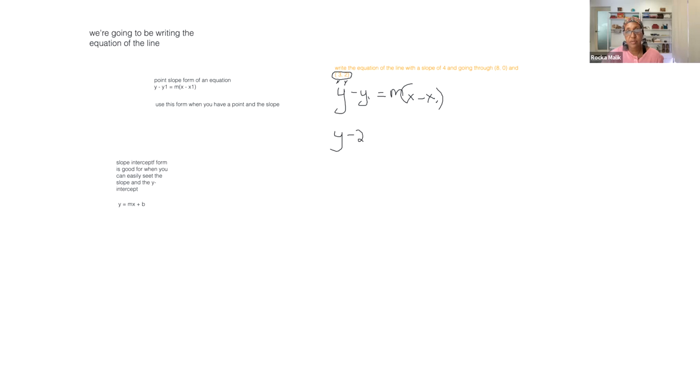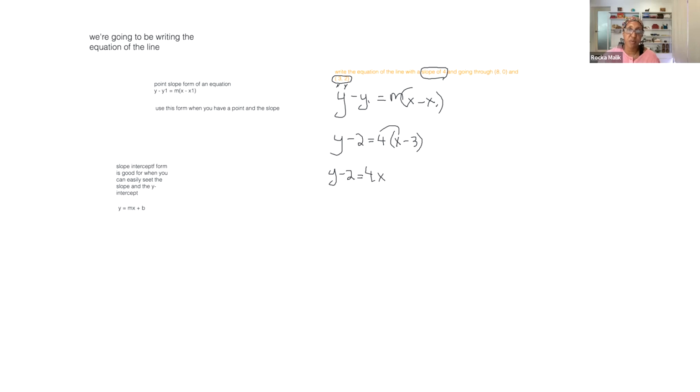Y minus 2 equals, slope is 4, 4 times X minus, and my X1 is 3. So now I'll have to just multiply it out and clean it up a bit. Y minus 2 equals 4 times X is 4X. And 4 times minus 3 is minus 12.